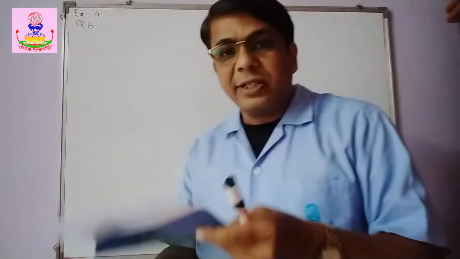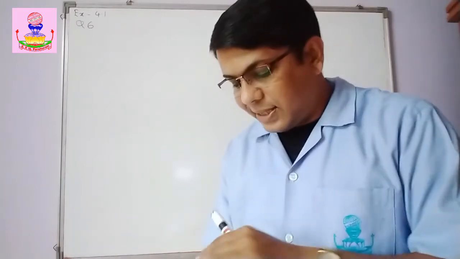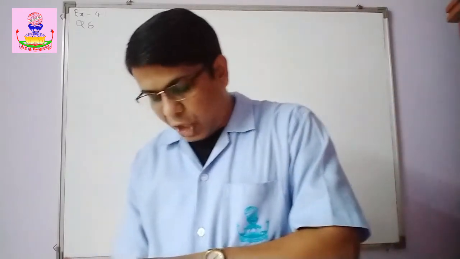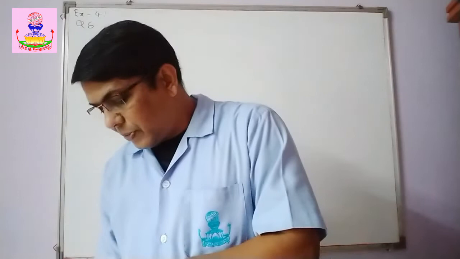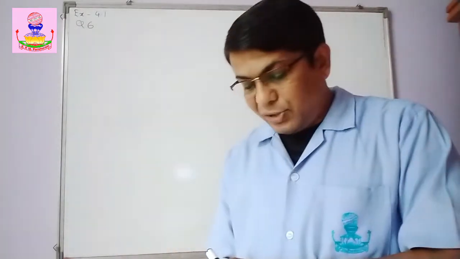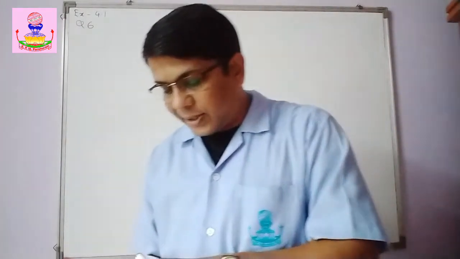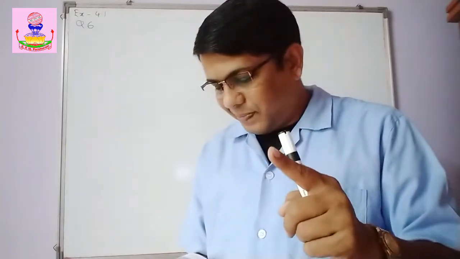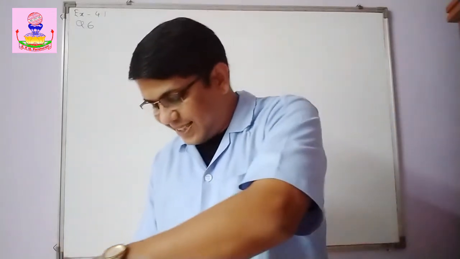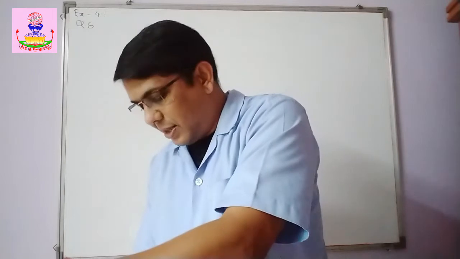What it says: the teacher tells the class that the highest marks obtained by a student in her class is twice the lowest marks plus 7. The highest score is 87.